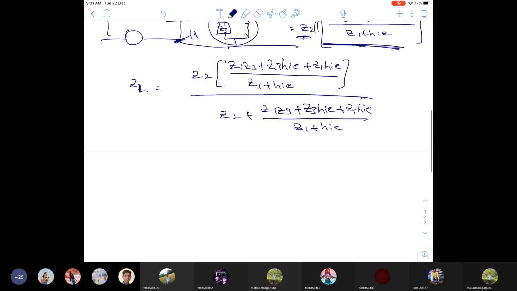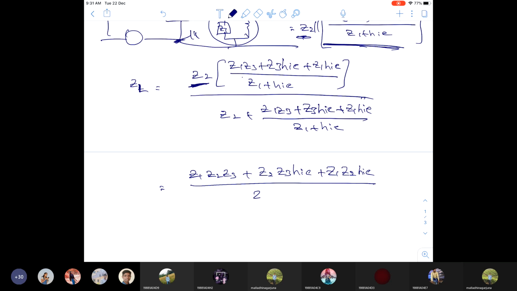From this, again simplify. You multiply Z2 internally: Z1 Z2 Z3 plus Z2 Z3 HIE plus Z1 Z2 HIE divided by Z1 plus HIE.